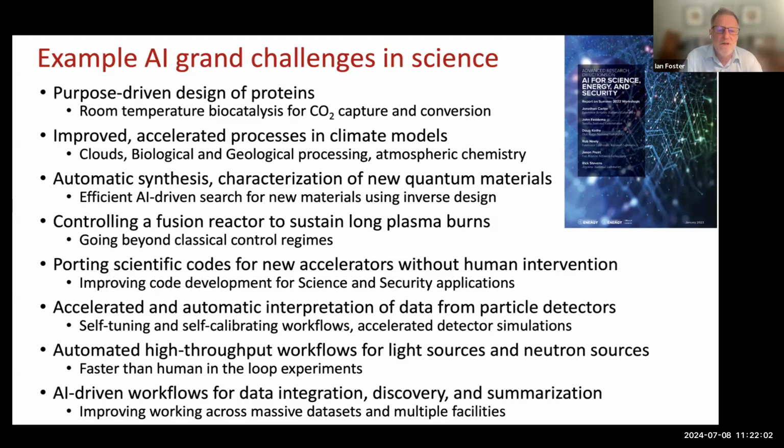And some of these you might say, well, porting scientific codes, that's pretty boring and straightforward. But the point here is the DOE complex has hundreds of millions of lines of code, and there's no feasible way to port them all to new accelerators by purely human effort.